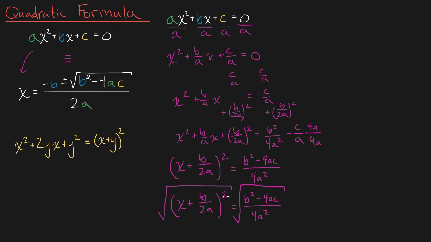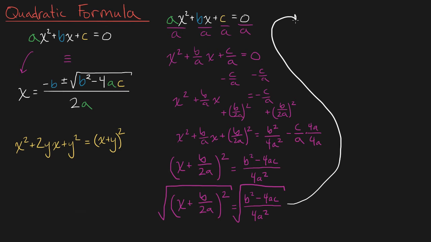And remember, the square root operator and squaring are opposite operations. And so on the left-hand side, I'll just be left with x plus b over 2a. And then on the right-hand side, I'm going to leave the square root sign on the top, and then, well, let me write that out and walk through it.